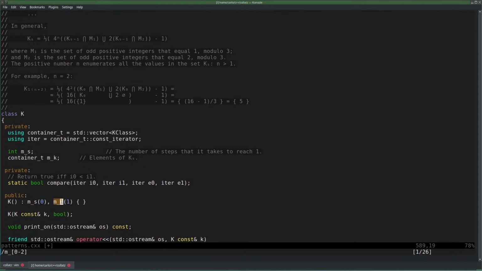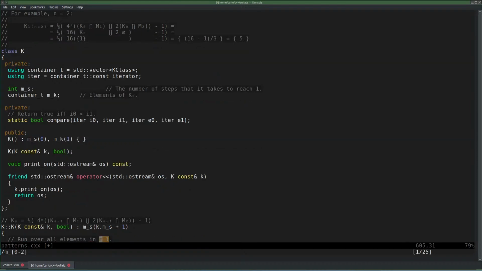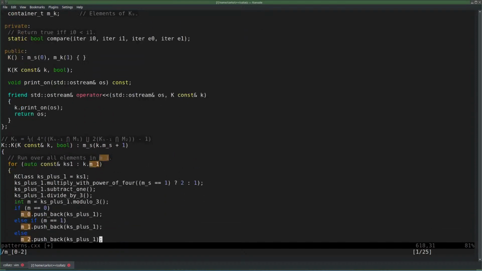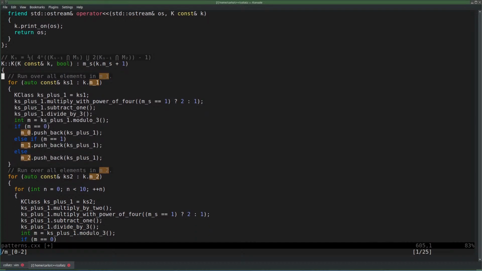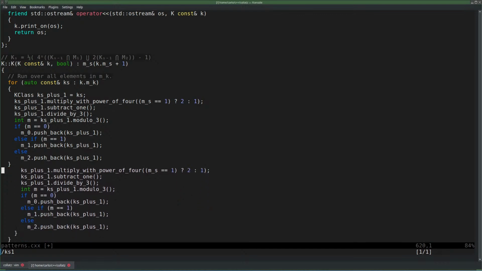I should just add it to K, I guess. It doesn't matter anymore where I add it. And then I'm not running over all elements in M1, I'm just running over all elements in MK. KS1, I don't know why it's called 1 anymore. And we are not running over this at all anymore.